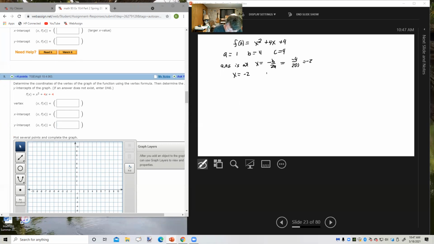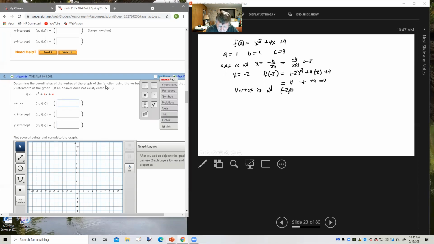So then I'm going to find f of negative 2, which is negative 2 the quantity squared, plus 4 times negative 2, plus 4, which is 4 minus 8, plus 4, which is 0. So the vertex is at negative 2, 0. Okay? So negative 2, comma, 0.